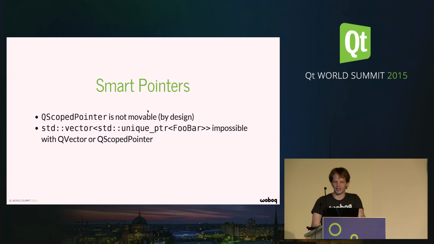And this very convenient vector of unique pointers, you cannot do that with a QVector of QScopedPointer for two reasons. First reason is that QScopedPointer is not movable, and even if it was, QVector does not support it. QVector needs the objects to be copyable, which unique_ptr or QScopedPointer are not.